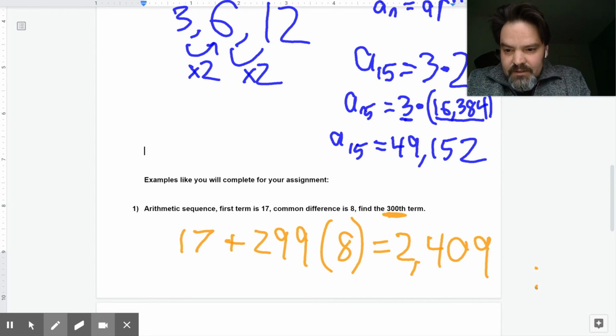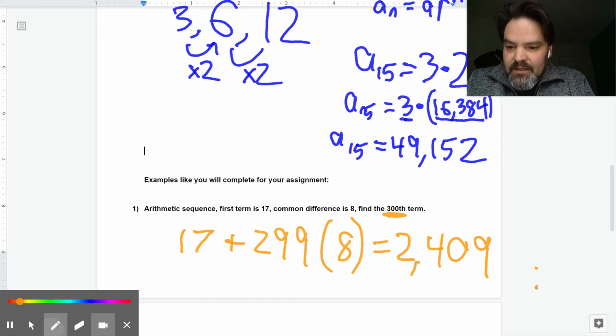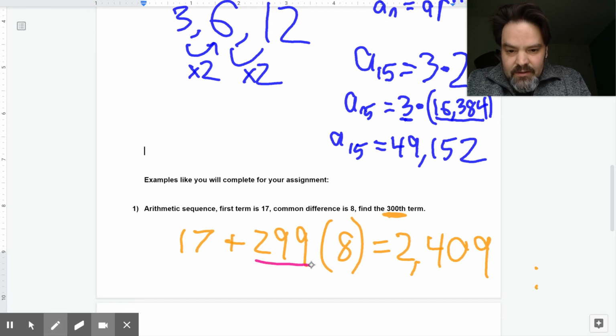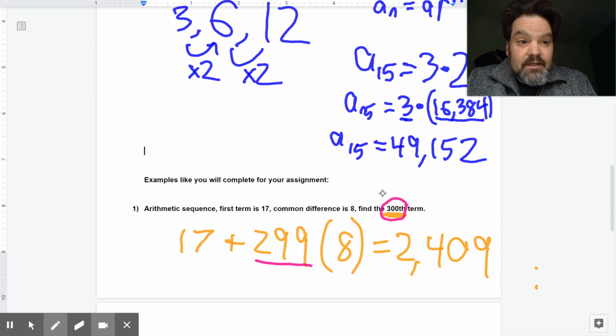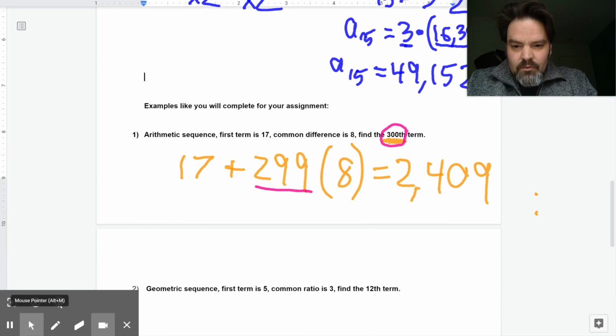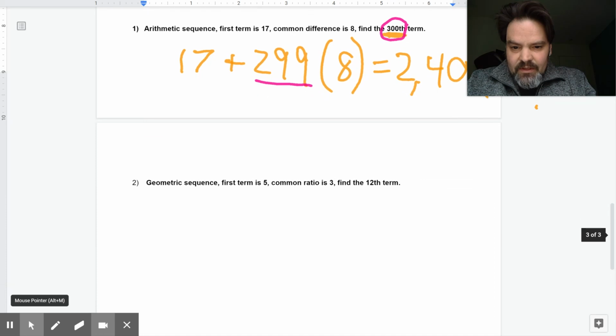Remember the 299 here is simply one less than this, because one less than the number of the term you're looking for is the number of times you need to multiply. Okay, now let's see. Moving onward, I'll do one more example with a geometric sequence.